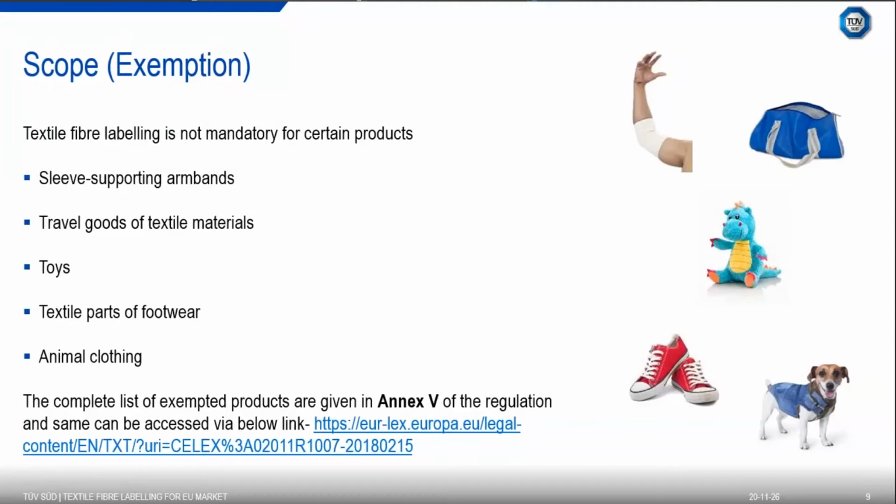Toys are also excluded, even if they are made of textile fibers. Textile parts of footwear are also excluded. Animal clothing is excluded. These are certain examples I have highlighted here, but the list is quite long, and you will be able to find the complete list in Annex 5 of the regulation, which can be accessed through this regulation website link.